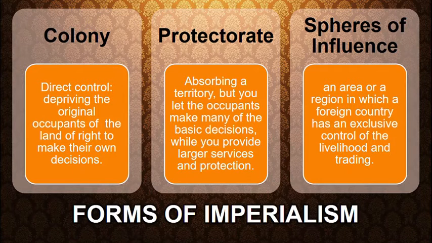Kasi mamaya, when your classmates discuss or when you read about Asia and imperialism, you will notice that there are so many ways that these Europeans used, or exploited, or established commercial trading purposes dito sa Asia, no? One of which is colony. Yung pinakaunang ginawa nila is colony.